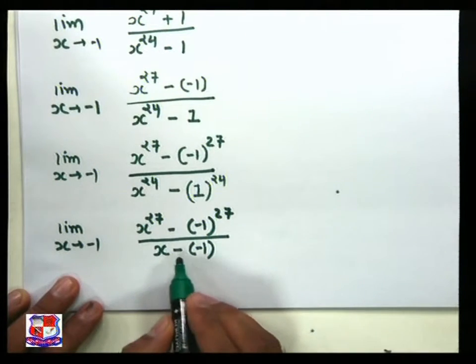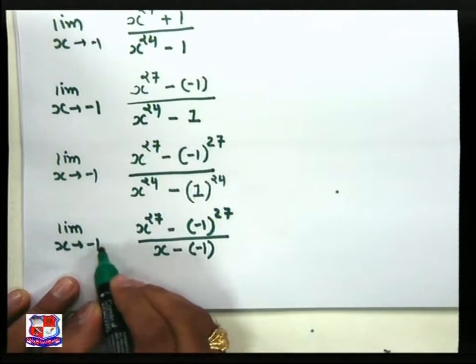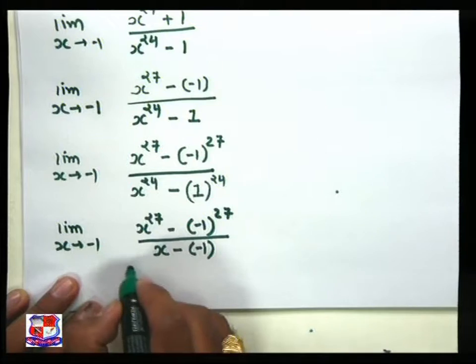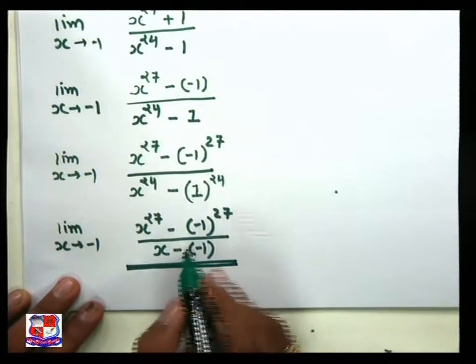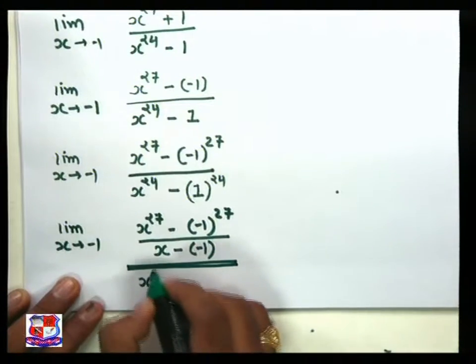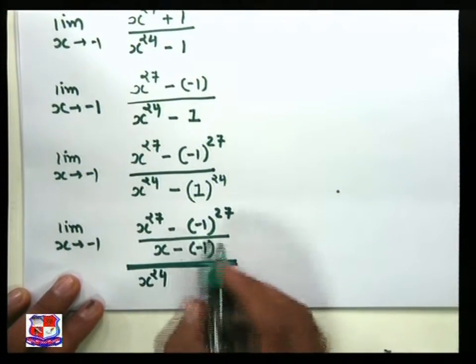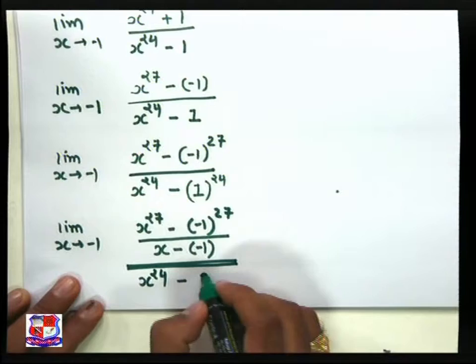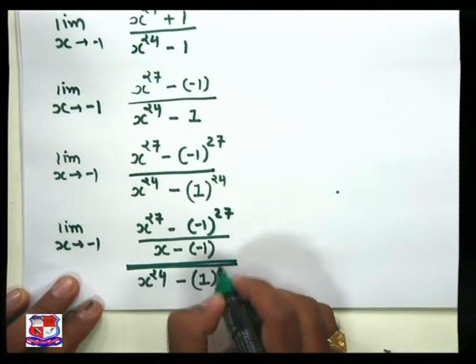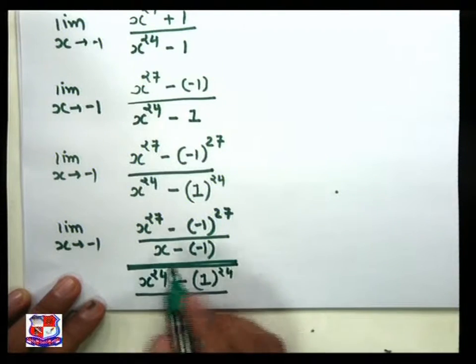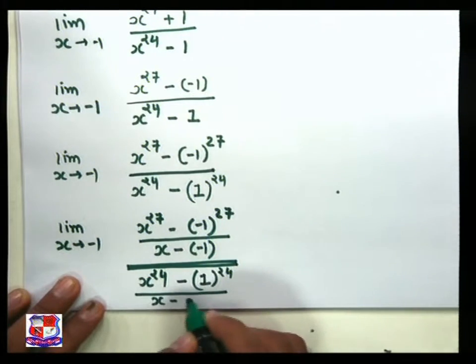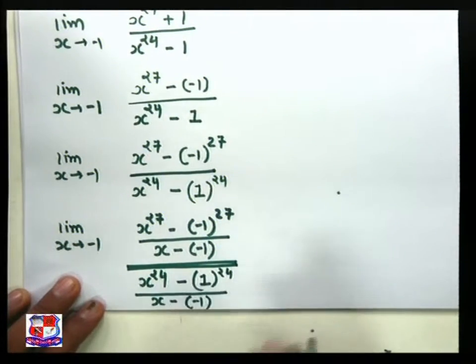So this is x minus 1, because a here is minus 1. In the same way we want to divide the other term, x raised to 24 minus 1 raised to 24, by the same term x minus 1.